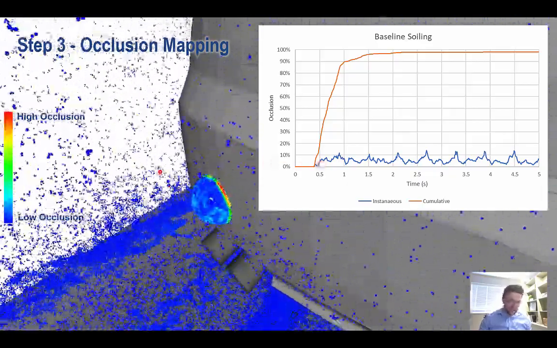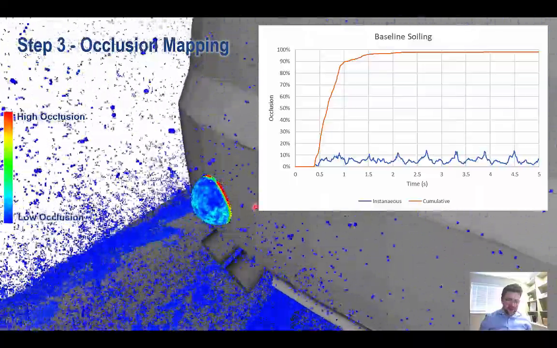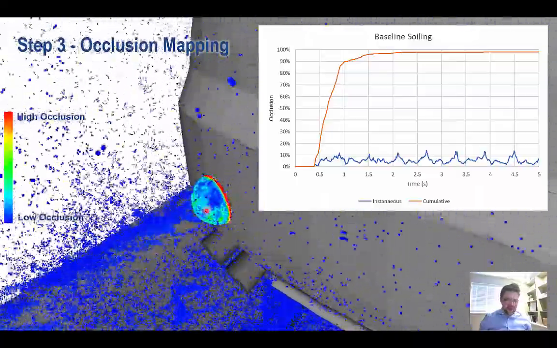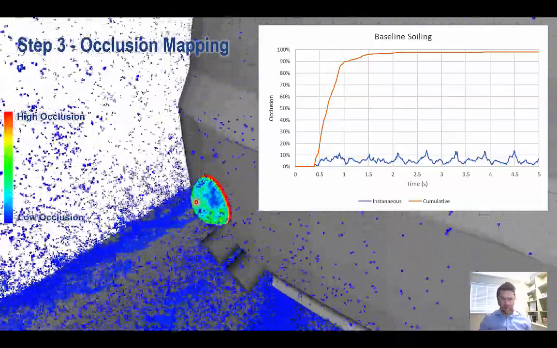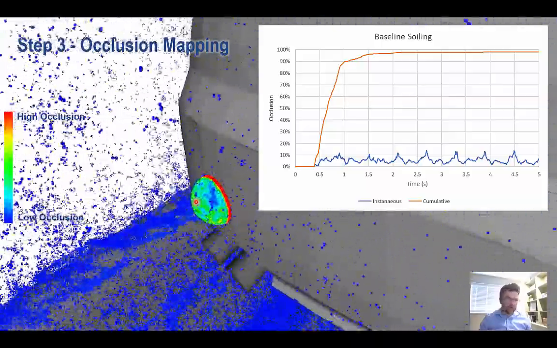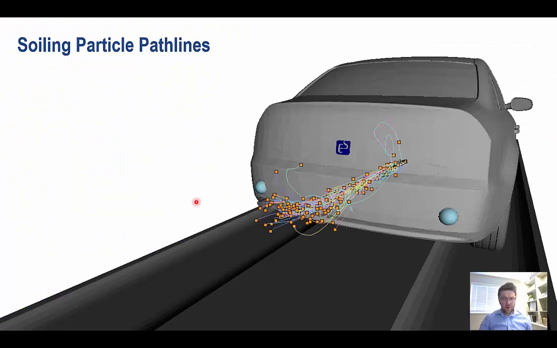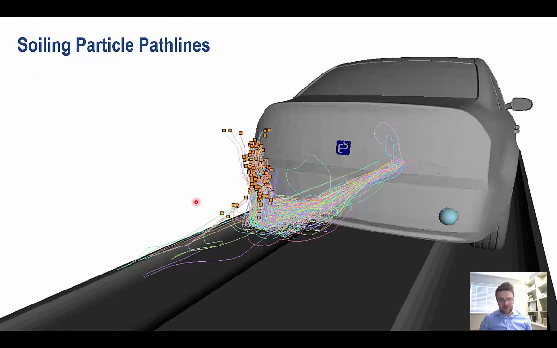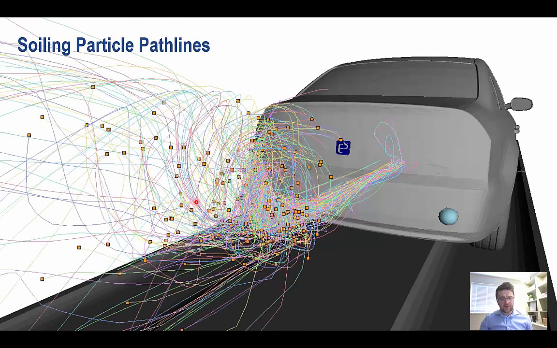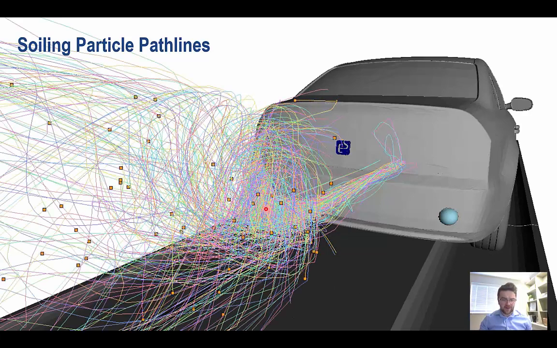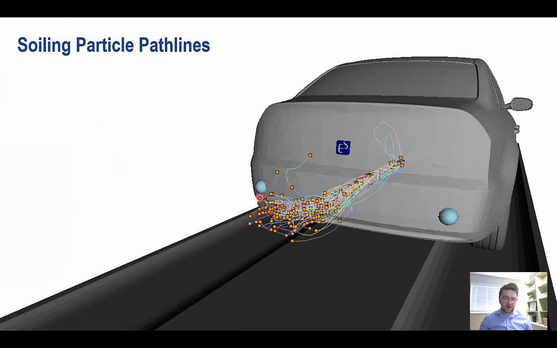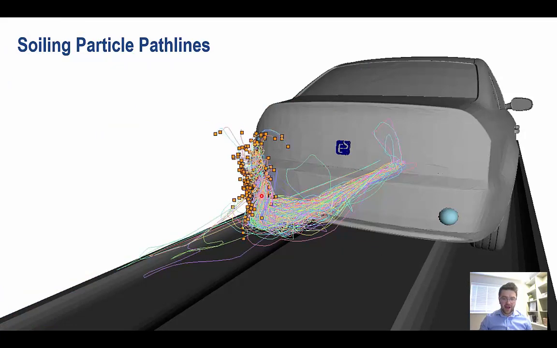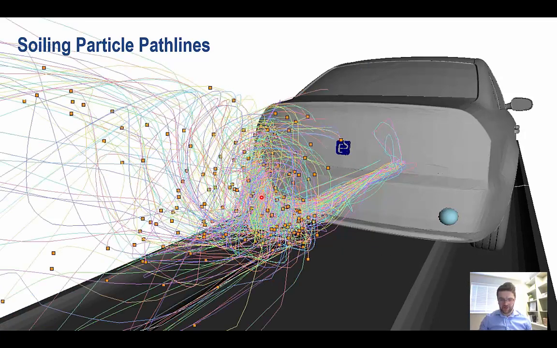Now, from this image here, it's very hard to determine where the particles hitting this LiDAR are actually coming from. So it's hard to know what we need to do and where we need to put features in order to try to improve this. We have a handy tool in ParticleWorks called the path line tool. What I've generated in this video here is I've taken all the particles which are hitting the LiDAR for a certain time period and then traced them back to see where they originated from.